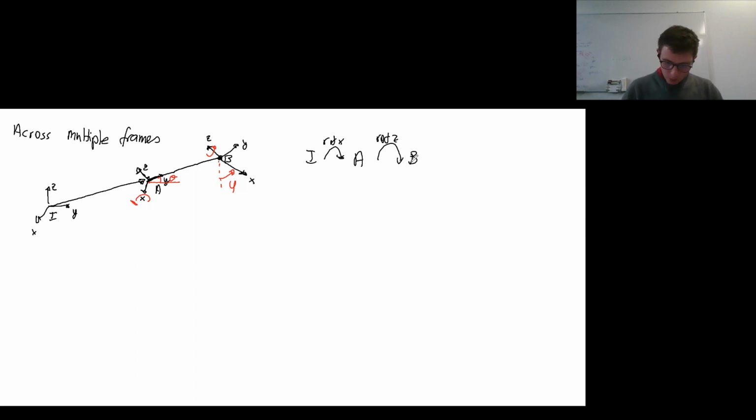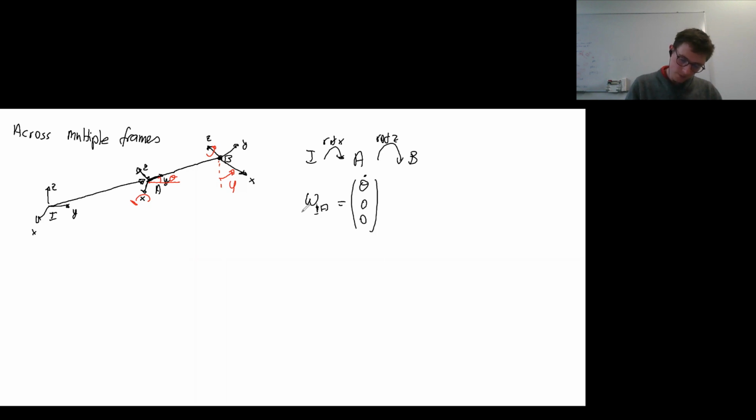Once you did the exercise, you will see that it's easy to come up with angular velocities between consecutive frames. Because if you look at how the link A rotates with respect to the inertial frame, there's only one degree of freedom because there's only one joint in between. So we know already that it's rotating around the x-axis. So the only way this rotation velocity can be composed is theta dot, 0, 0.